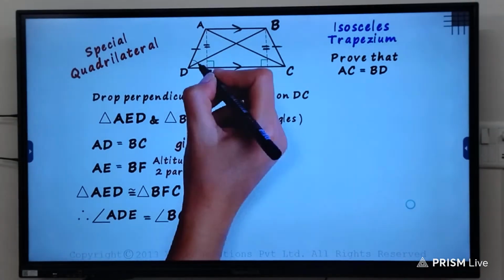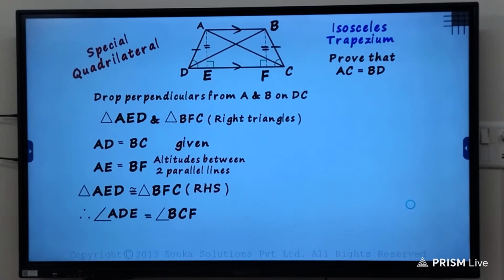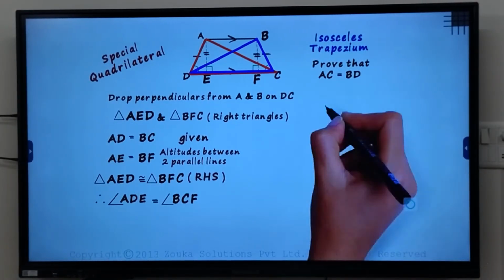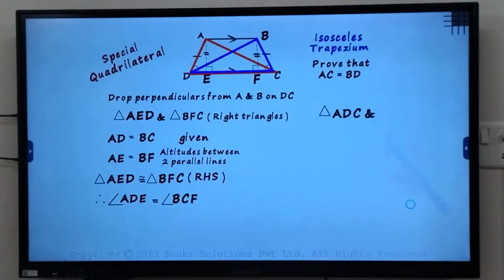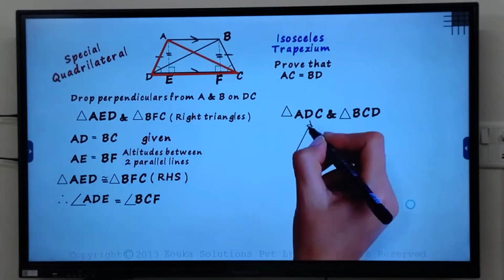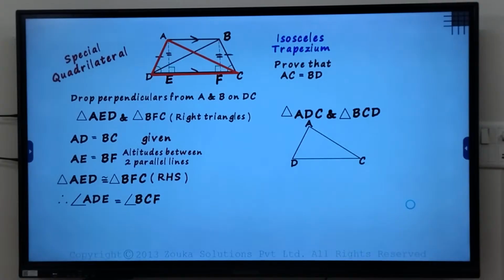So we have now proved these two angles equal. Now let's focus on these two triangles, triangle ADC and triangle BCD. Let's redraw these two triangles so that it becomes a little easier. Triangle ADC looks something like this and triangle BCD looks like this.